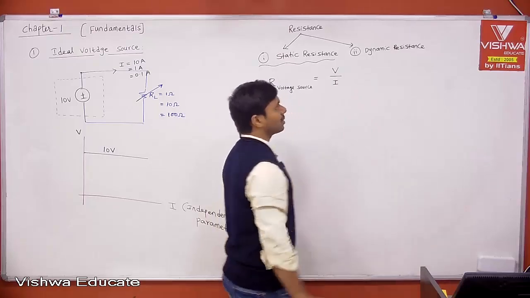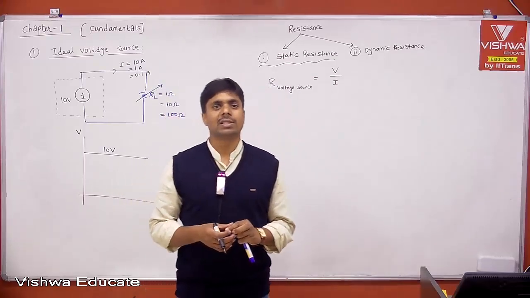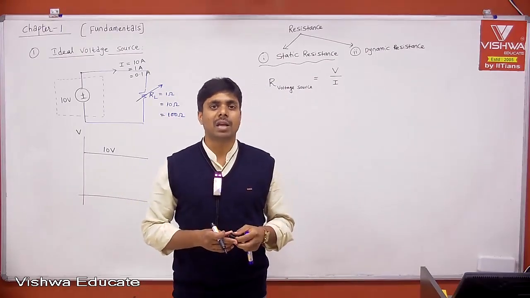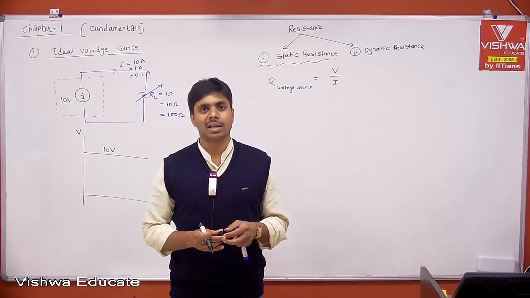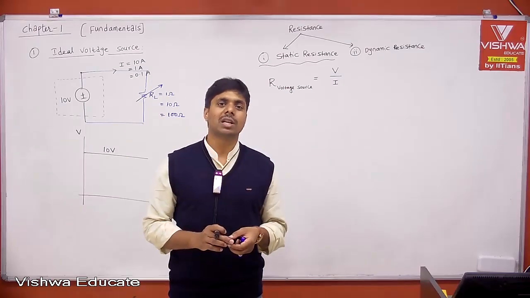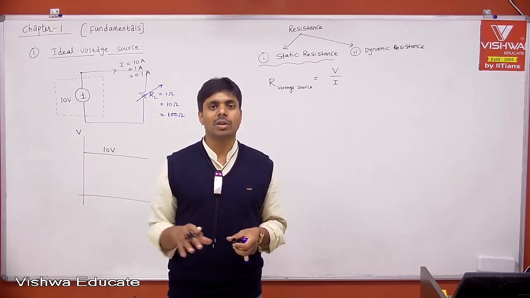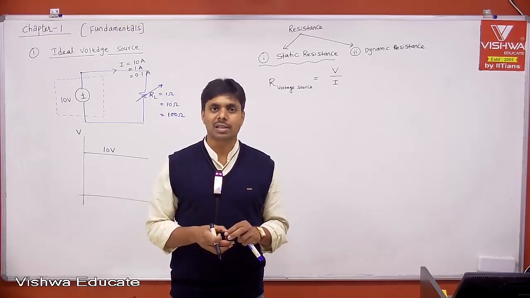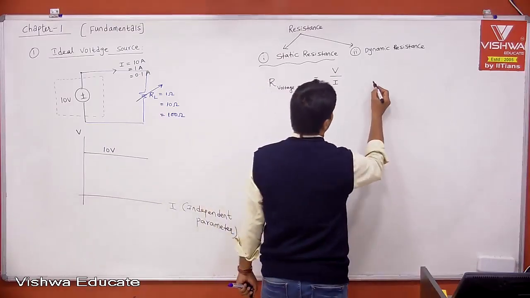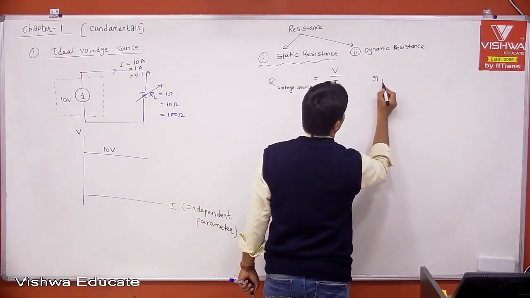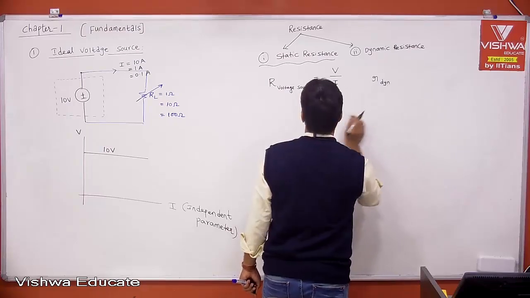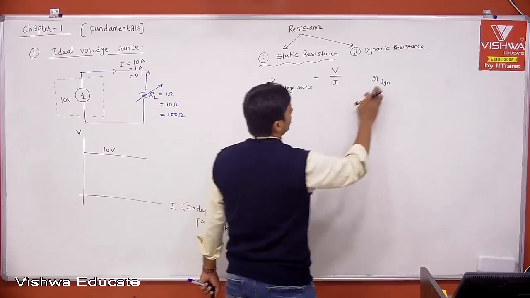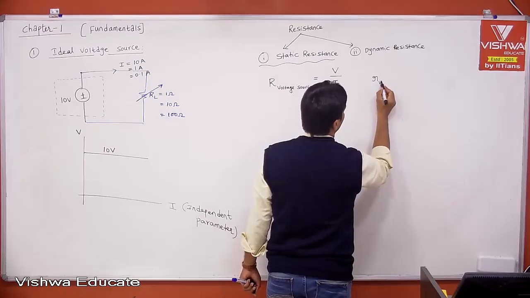Now, dynamic resistance. When I say dynamic resistance, it is associated with dynamic parameters or AC parameters. Let us say the change in the voltage and the change in the current, we are applying with an AC voltage source and an AC current source. Then the definition is small r, dynamic resistance. This is small r of your voltage source.